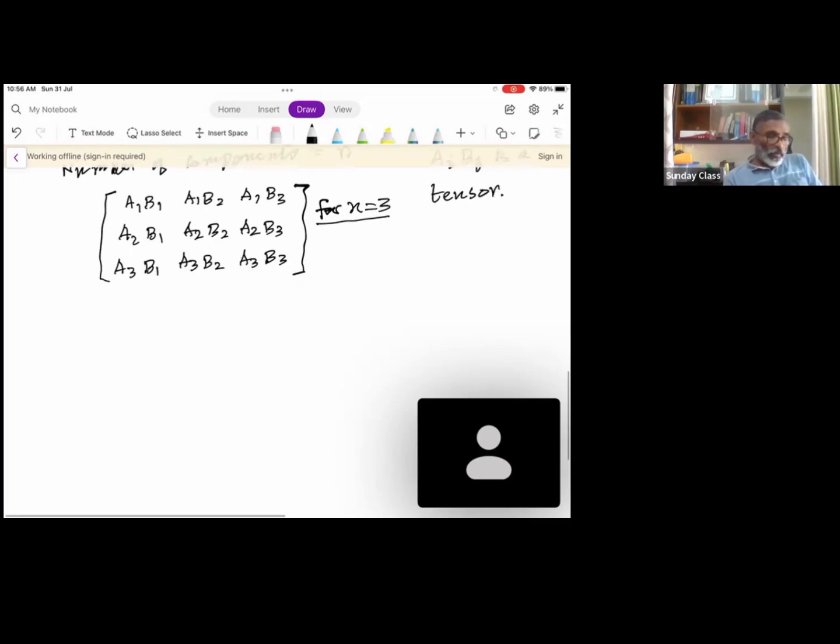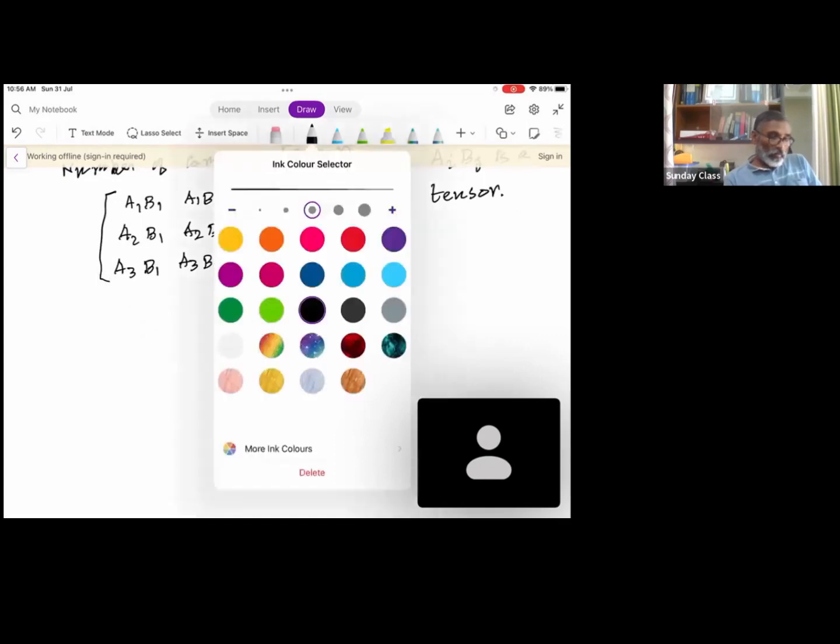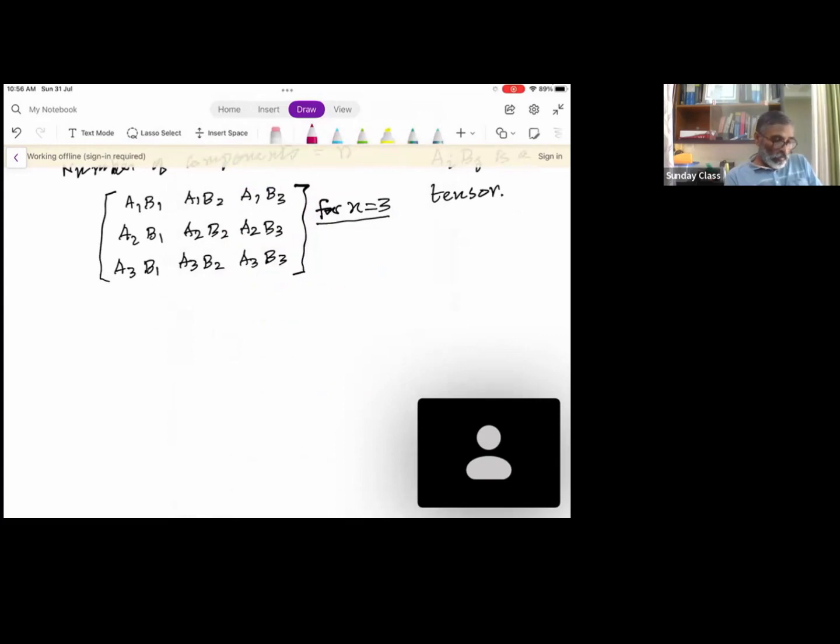So now we will define the rank of a tensor.